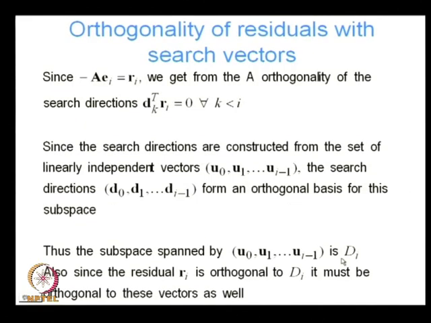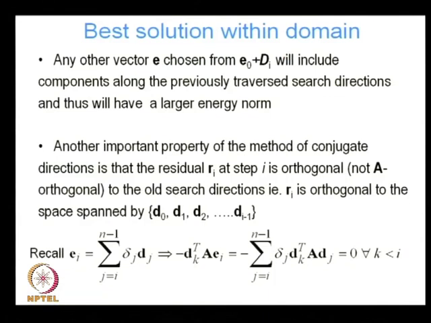But since A minus A e_i is equal to r_i, we get from the A-orthogonality of the search directions d_k transpose r_i is equal to 0, right, because this A e_i is nothing but r_i. So I get minus d_k transpose r_i is equal to 0 for all k less than i.